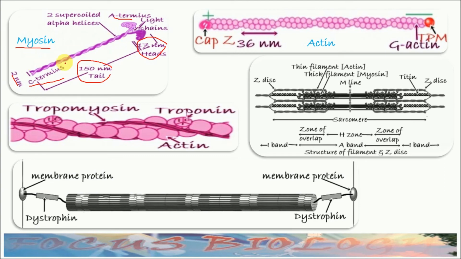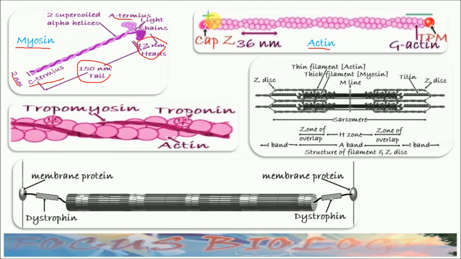Now this is made up of myosin protein. Here it is actin. The actin filament is polar. It is made up of G-actin; a single unit is called G-actin. It has 2 sites: one is called the ATP hydrolyzing site and another is called the myosin binding site.